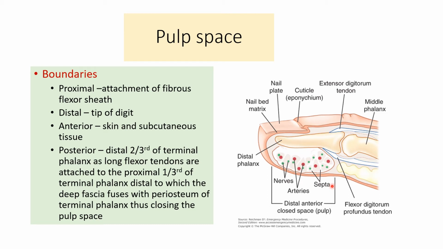So that is how it closes the pulp space. It is a closed space between the skin and superficial fascia and the distal 2/3 of the terminal phalanx, which is covered with deep fascia.